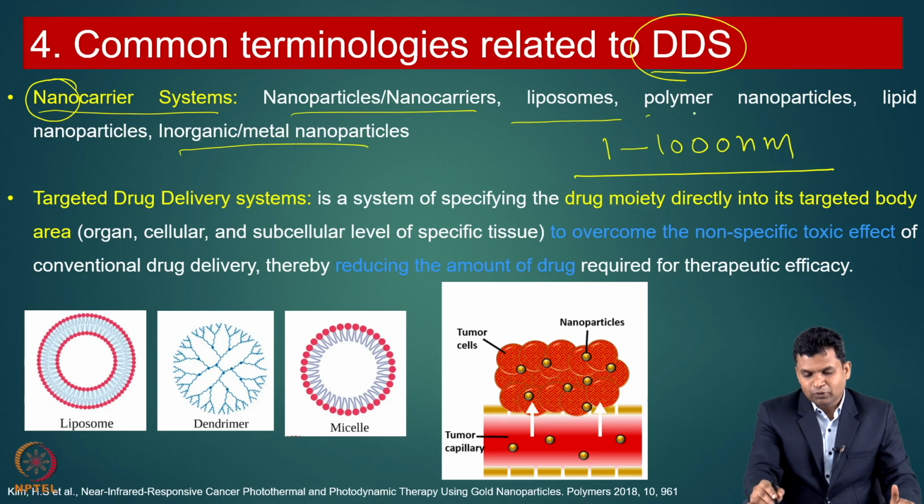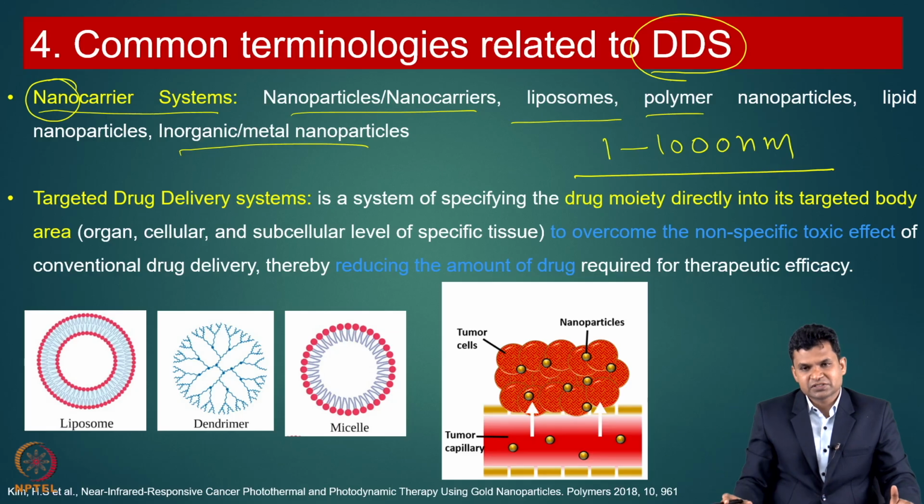By using lipid, polymer and other types of materials, we can convert our drugs into nanosystems. With nanosystems we will see high drug loading in the carriers, and they take the molecules to the right site. With this we can also improve permeability and penetration. So, this terminology also we are going to use.